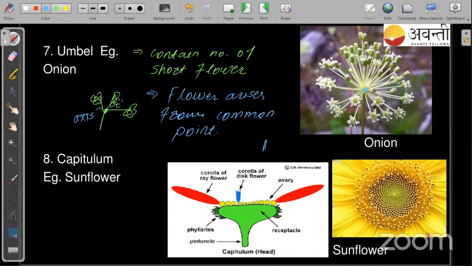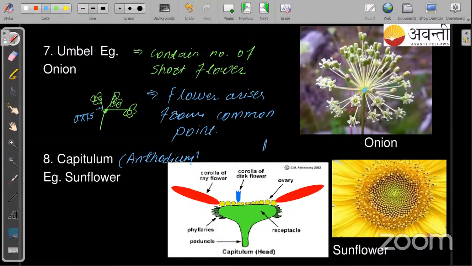So we will discuss the capitulum. What is meant by capitulum actually? The second name of capitulum is anthodium. And the sunflower is the best example of capitulum. So what is the capitulum?